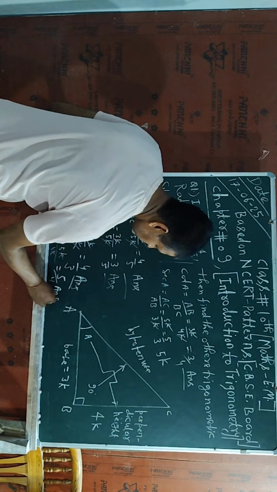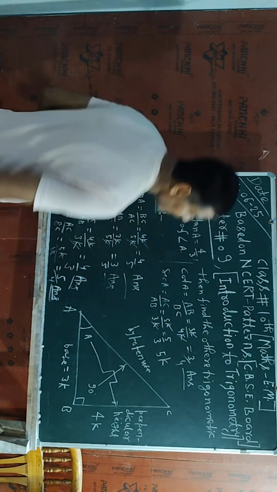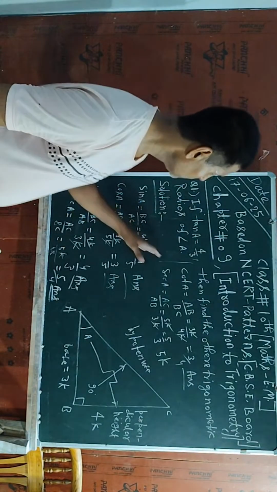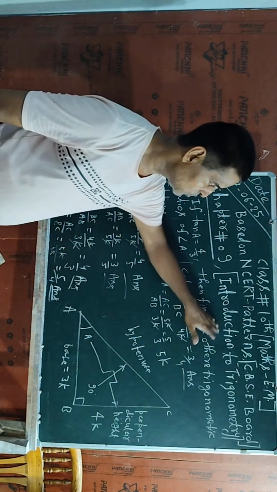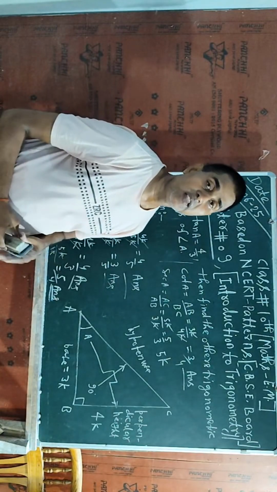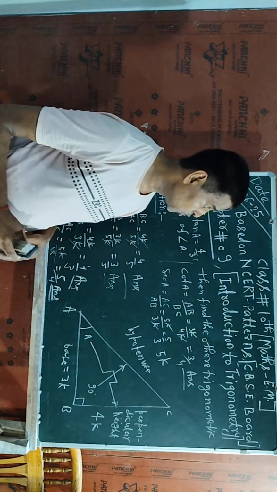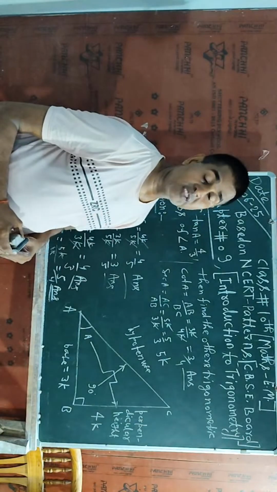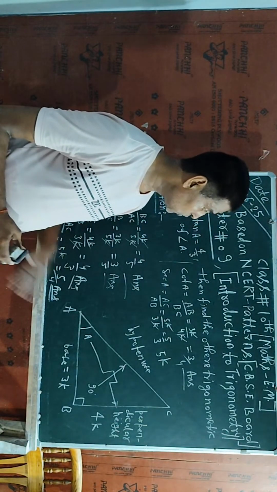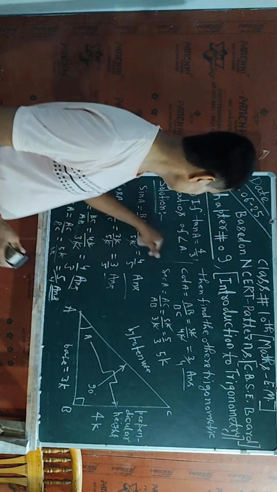So these are the 6 trigonometrical ratios, and I have found them here using the introduction to trigonometry. Means in the chapter trigonometry, I have used the concept of trigonometric ratios to solve this question.